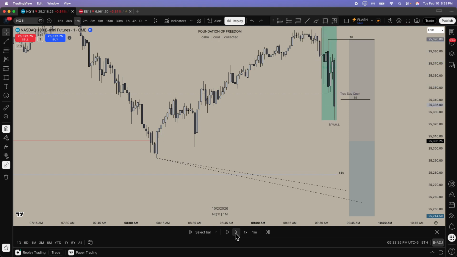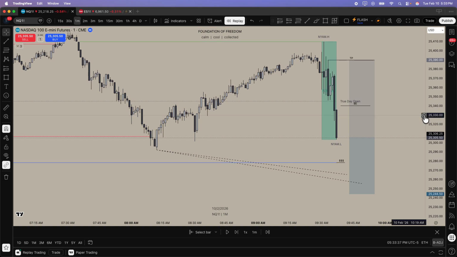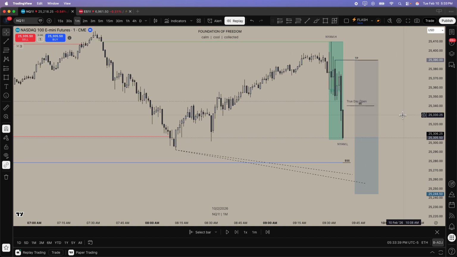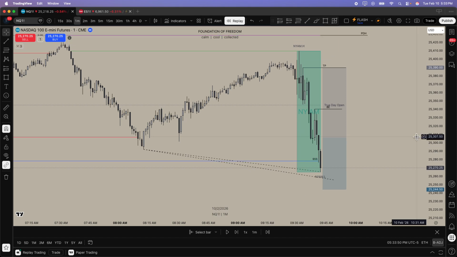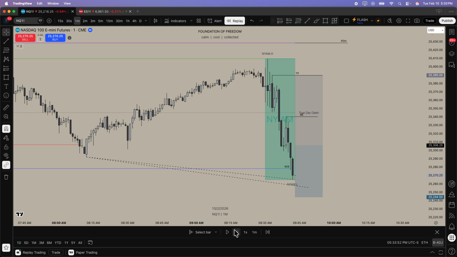We were a little bit choppy to start, I'm not gonna lie. But we did make this massive move down and eventually take out the Asia low, which again was that external sell side liquidity. And I entered on this 1 minute here.